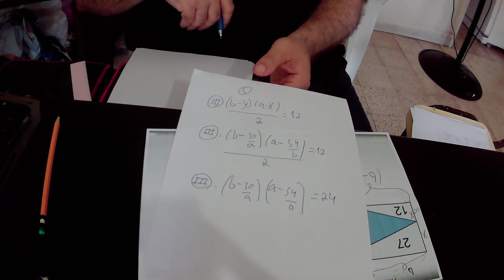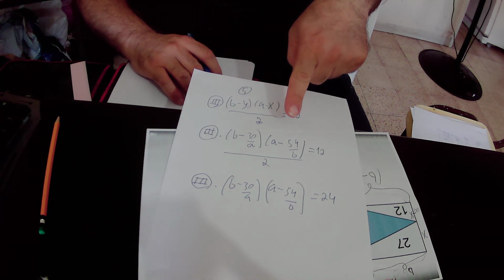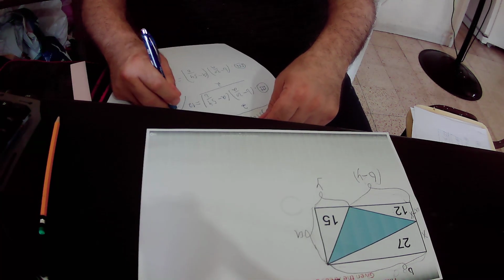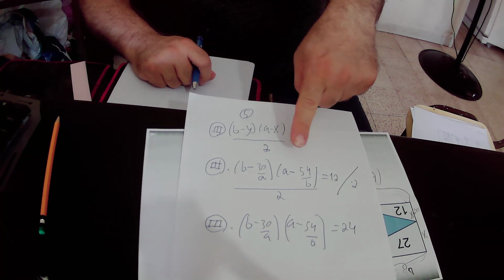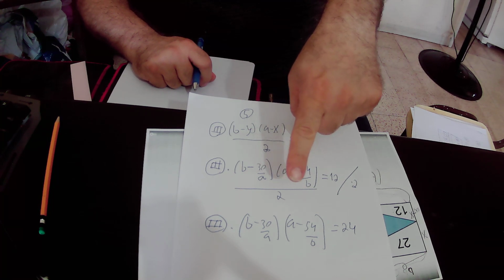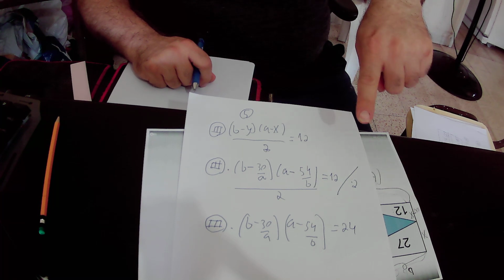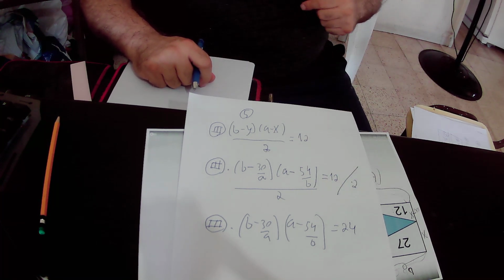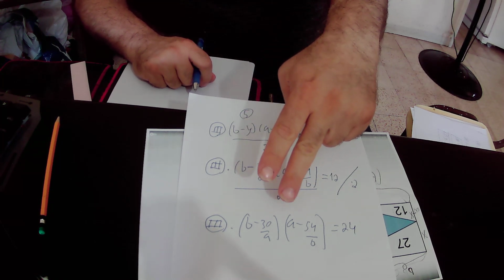Okay, so I multiplied both sides of the equation by 2. So here we have b times 30 over a times a minus 54 over b equals 12 times 2, which is 24. The next step is to open the brackets on this side of the equation.